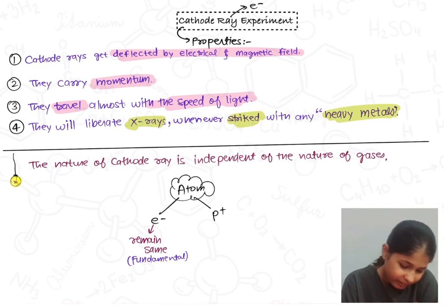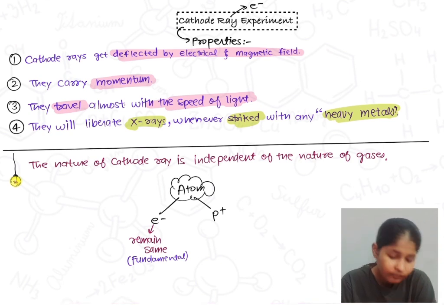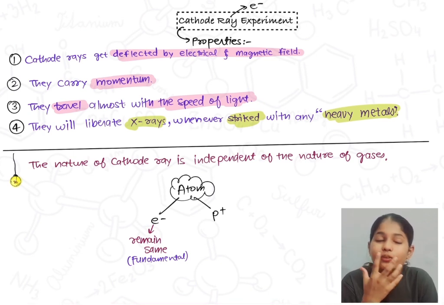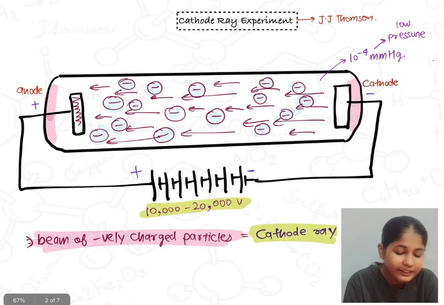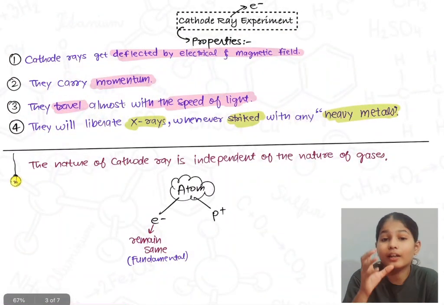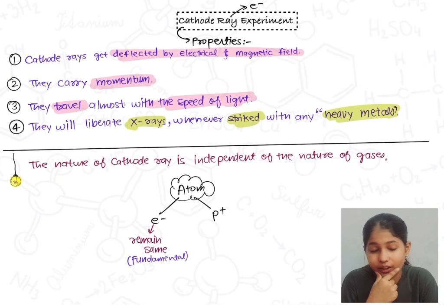Now the last and most important property of cathode ray is that the nature of cathode ray is independent of the nature of gas which is present inside that hollow tube. Okay? Now what is our last conclusion of this cathode ray?